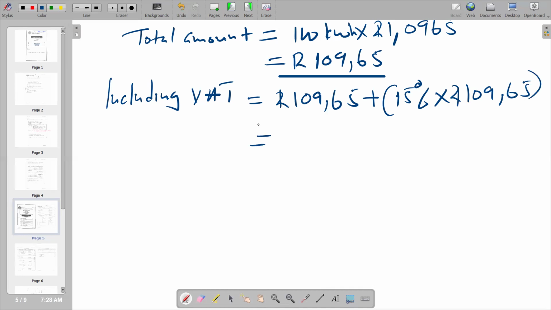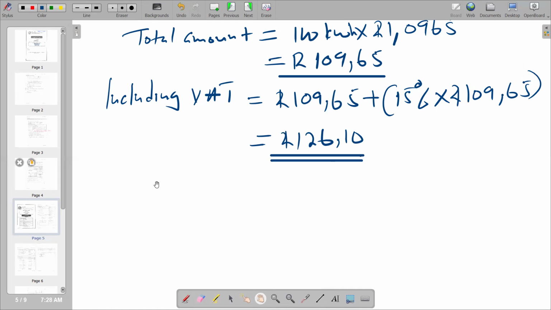So you do that, you see that your answer is 126 rands 10 cents. So this becomes the final answer. Basically, this is what we have on this part.